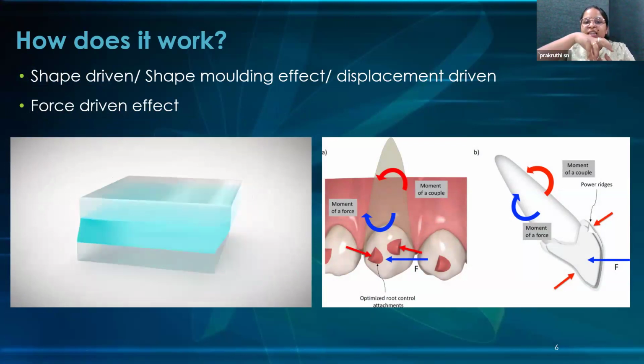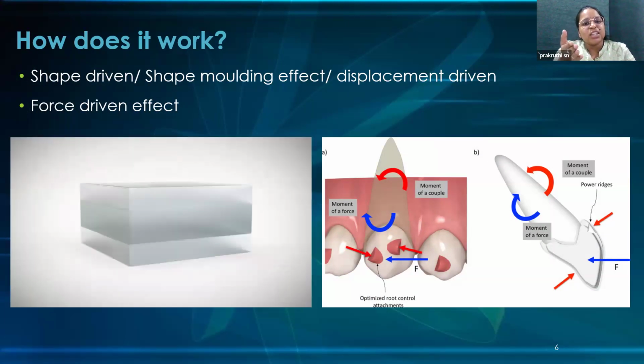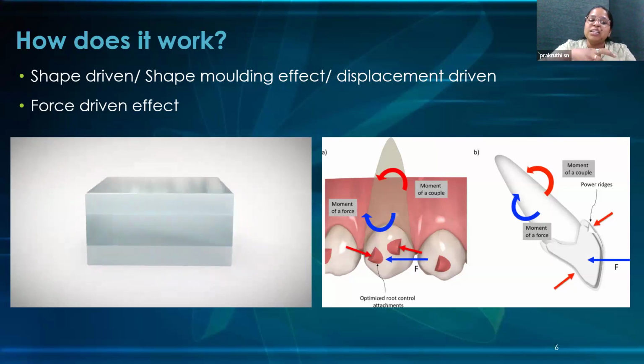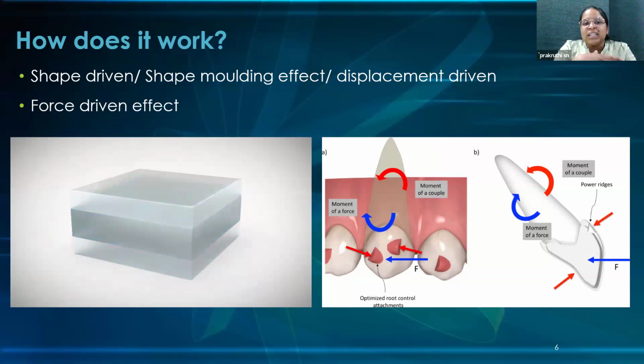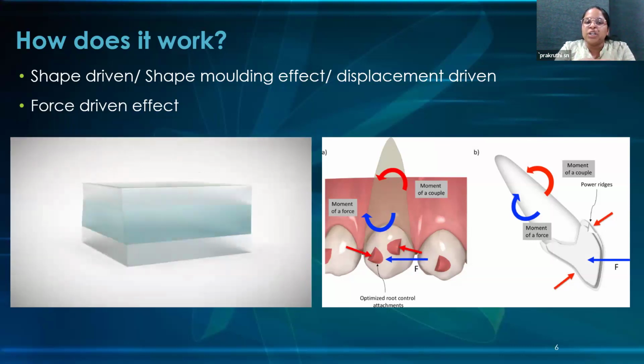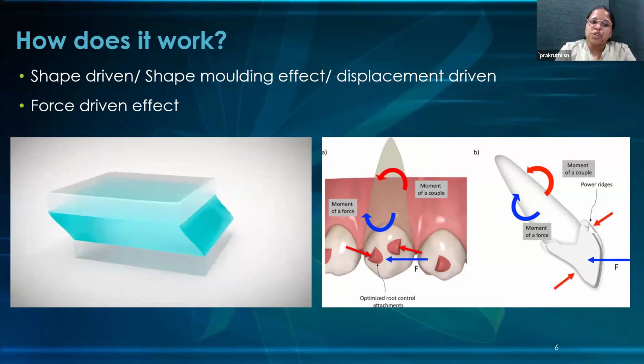Don't you think there is a stretch in the plastic? Definitely the plastic is undergoing a little bit of stretch. That is exerting the pressure, so that whatever shape is molded, the plastic tries to displace the teeth into the new corrected position.